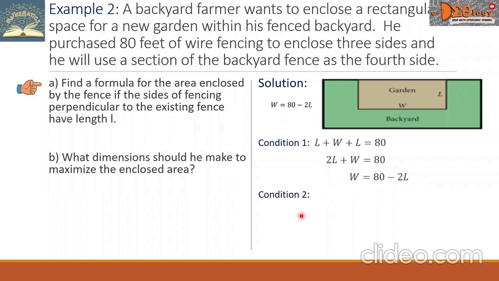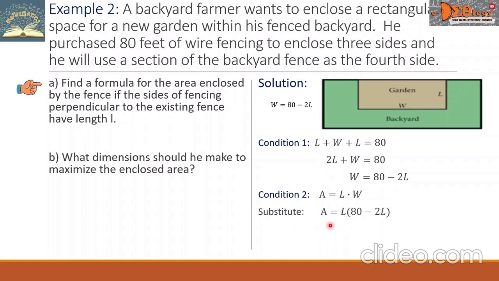Let us note this equation on this side. Then we go to condition 2. The condition 2 is about the area of this rectangle. So that is A, the area, equals length times width, L times W. From here, we're going to substitute the value of W in terms of L to this area formula.